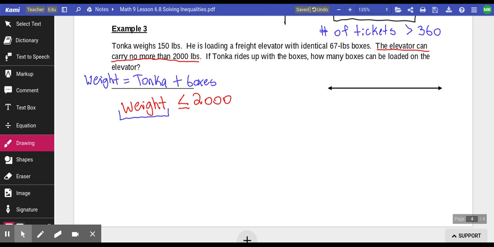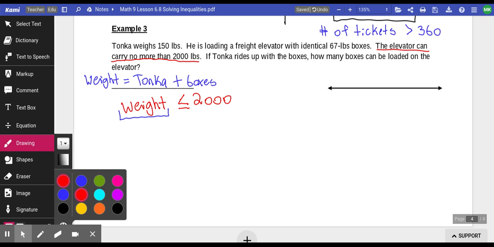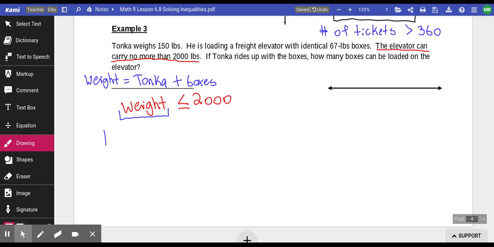We don't know how many boxes there are. So the weight will be 150 for Tonka plus the weight of the boxes, which is 67 times however many boxes there are. We don't know that, so we put X. It's also important that you write somewhere what X is. So in this case, I would write X equals the number of boxes.